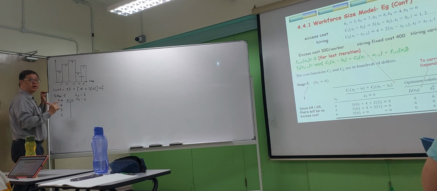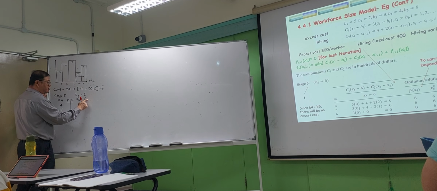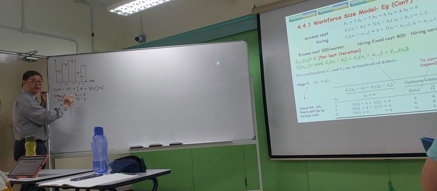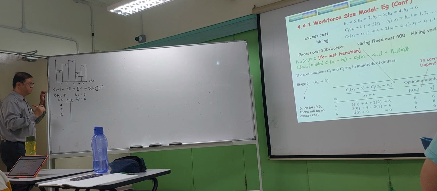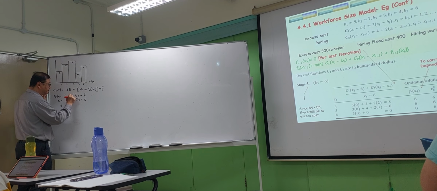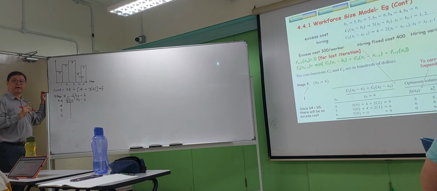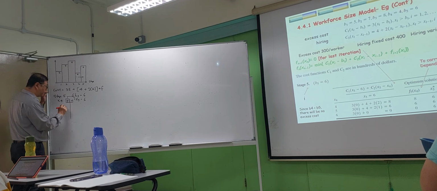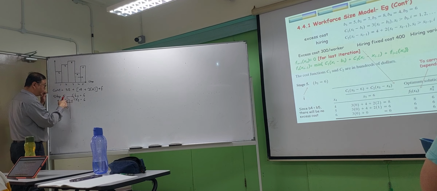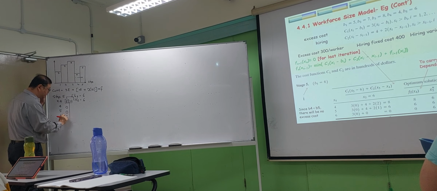You have only 6 workers. No other option. You need 6 workers and you have 6 workers. Any extra workers here? No. So for E, you need 6 workers and you have 6 workers. So no extra workers. Now E only depends on this. This value never change. So this one will remain constant.